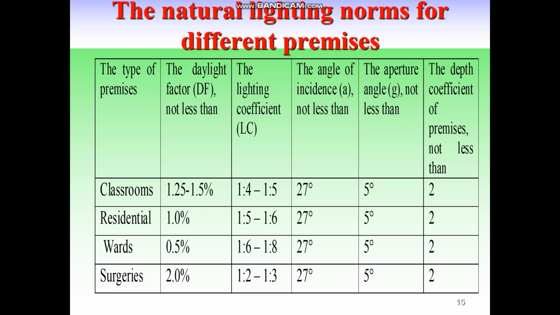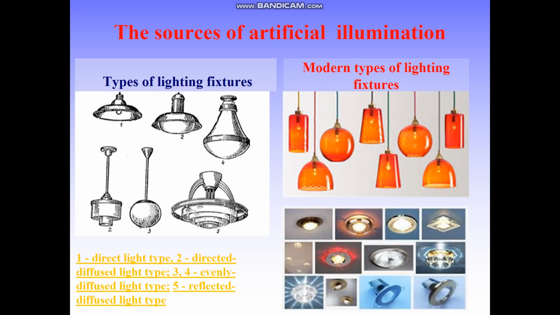For example, norms for a surgery room: daily factor not less than 2%, light coefficient equal to 1:2 to 1:3, angle of falling not less than 27 degrees, angle of aperture not less than 5 degrees.